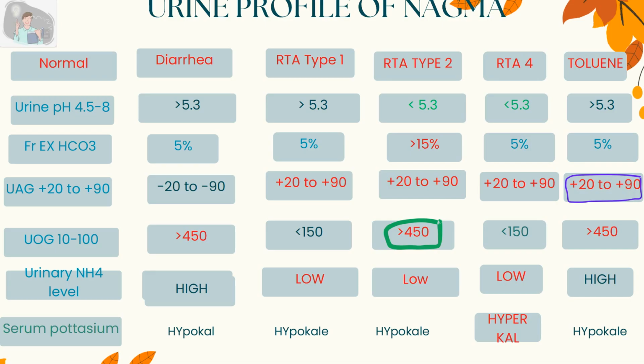That's a protective mechanism. And also remember, it's only the PCT that's malfunctioning. Our primary acid secreting site, the alpha intercalated cells, and also the principal cells would be able to secrete hydrogen ions, thus keeping the urinary pH on the acidic side. That's the explanation for urine being on the acidic side for RTA type 2.